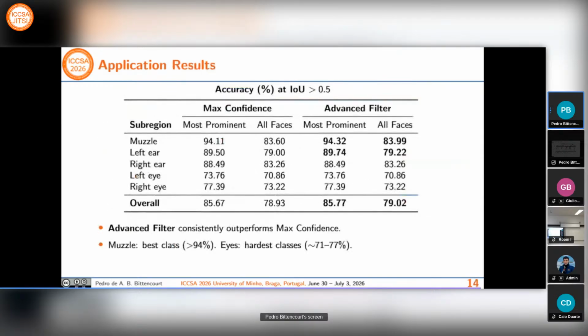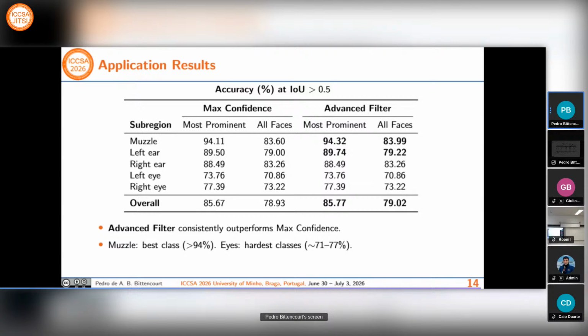Here are the application results measured by accuracy at IOU above 0.5. The advanced filter consistently outperforms max confidence, although the difference is modest. In the most prominent face mode, the overall accuracy reaches 85.77% with the advanced filter.